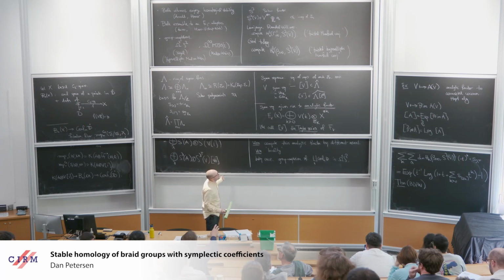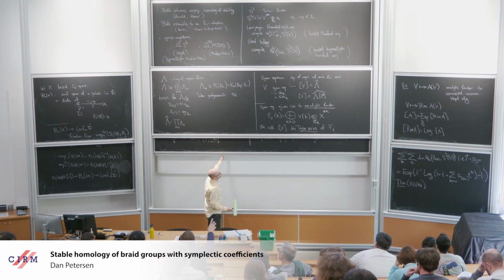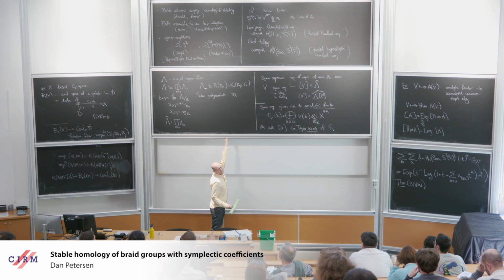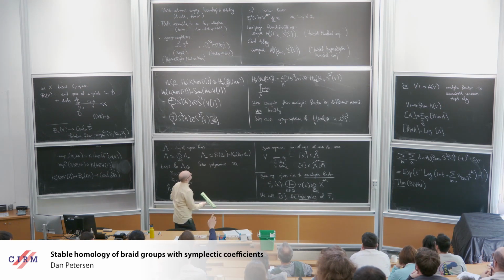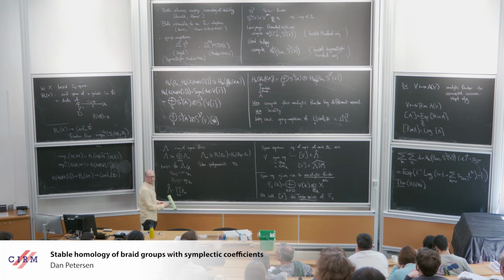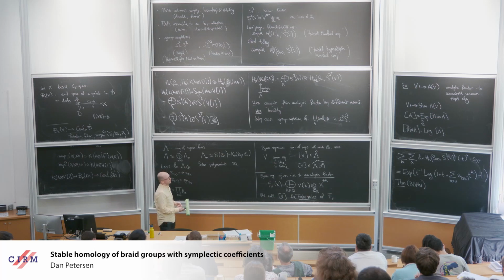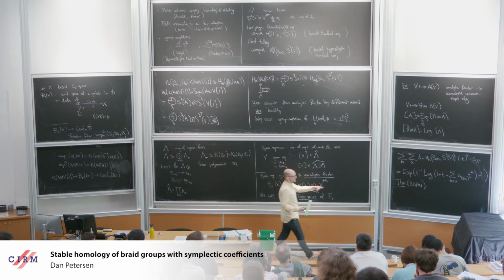Yes. About this. On the board that you are now hiding, there is a shift by the number of boxes in lambda. And I don't quite see it over there. Well, there are many shifts involved in deriving this formula.